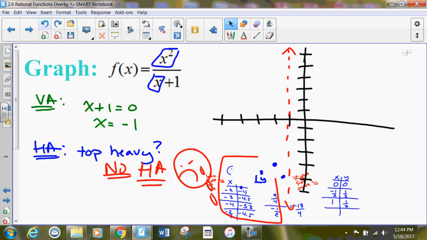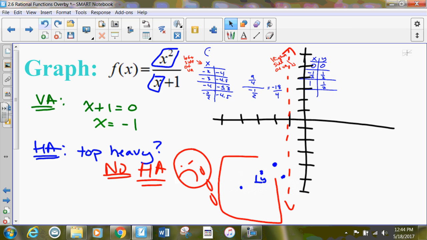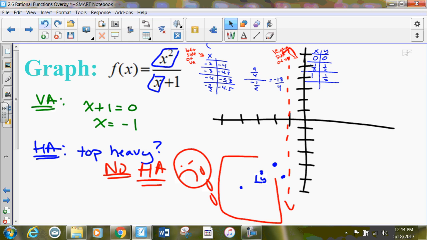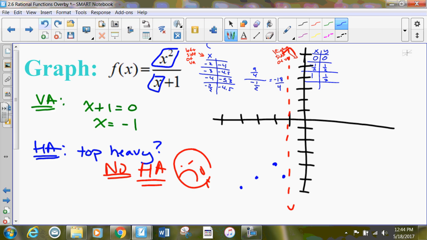So let's move the table. Trying to take a shortcut, I really confused us there a little bit. So hopefully you guys see what's happening. I thought we were going this way and then shooting up towards the vertical asymptote, but we're going back down this way.